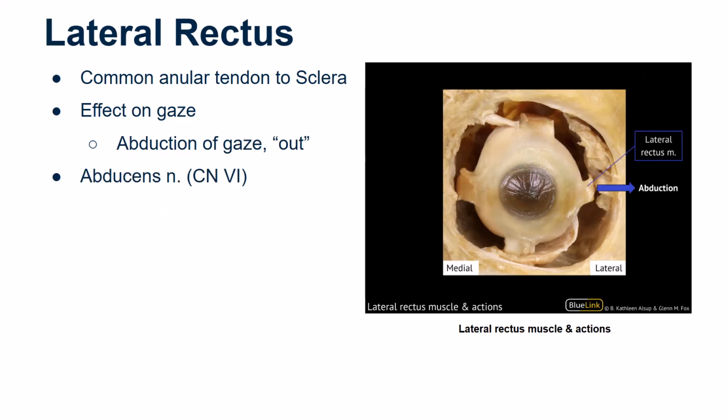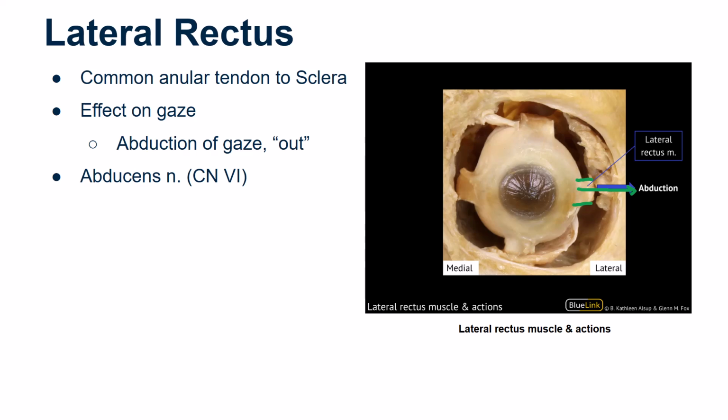Now let's look at the lateral rectus. The lateral rectus takes its origin from the common annular tendon and inserts on the sclera, which we can see there. It has a very simple effect on gaze, and that is abduction. So it moves the eyes laterally or out.